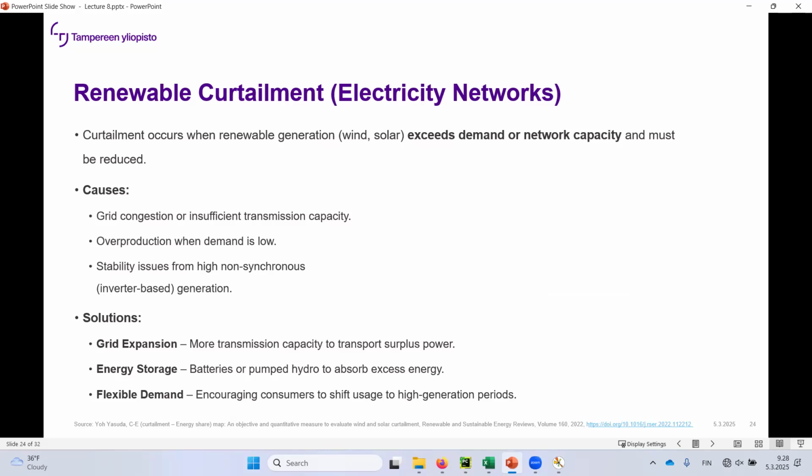Grid expansion, that's what is being done in many cases in Finland now. Energy storages, that's one way. And flexible demand, encouraging consumers to shift usage to high generation periods. And that's what they have been seeing in Finland with these price curves related to production and also consumption.